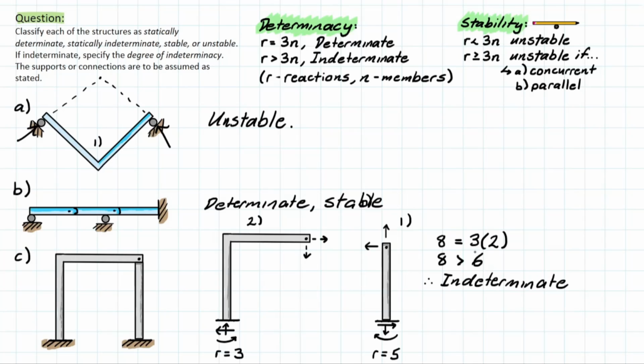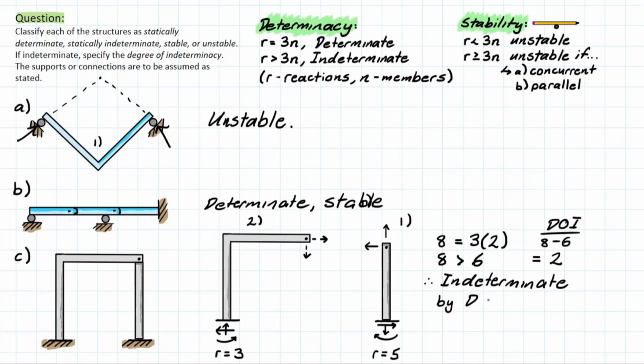And as we recall, we need to figure out what the degree of indeterminacy is. So we're going to take 8 subtracting 6, which is going to equal 2. I'll just draw it out. Degree of indeterminacy is 2, 8 minus 6.